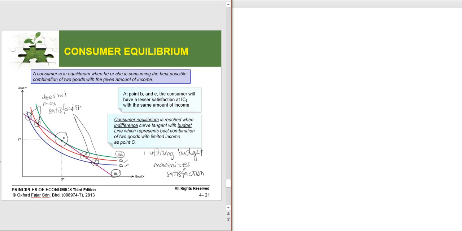So the two conditions are met at this point. Point C indicates consumer equilibrium, which is where the consumer decides how many of product X and how many of product Y to buy. So that is the consumer equilibrium.